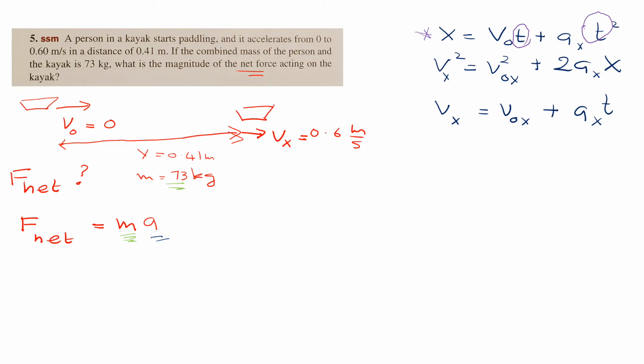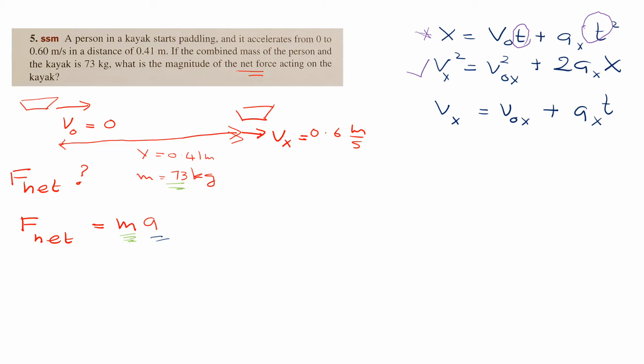How about the second equation? We know the final speed, 0.6 meters per second. We know the initial speed, which is 0. Acceleration we don't know, and that's what we need. X is the distance it travels. So it looks like we can use this particular equation.